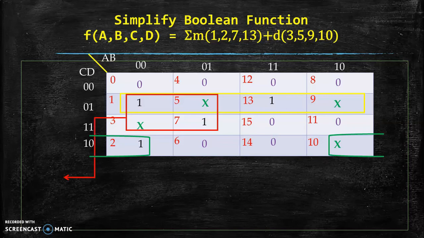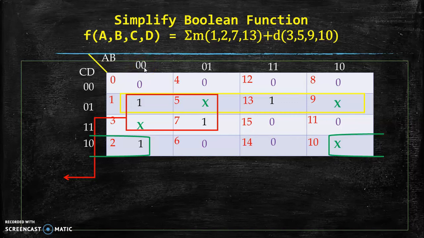Now we have to write product terms for all the groups. We start with the quad. We can see that on the AB variables, it is shifting from 0 0 to 0 1. So A remains constant at 0, and B is shifting from 0 to 1.